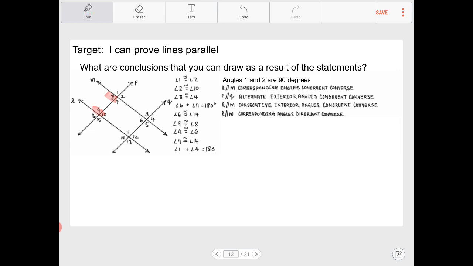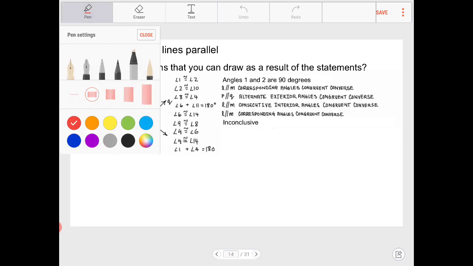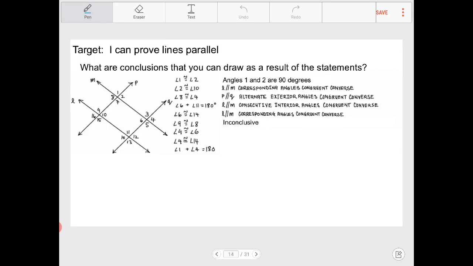However, consecutive interior angles being supplementary was a thing, but not the two consecutive interior angles being congruent to one another. So actually, this is going to be inconclusive. There's no conclusion that we can draw from this, and it's a little deceiving. I have to say, angle 9 and angle 8 do look like they're congruent, and therefore line L and line M appear to be parallel.